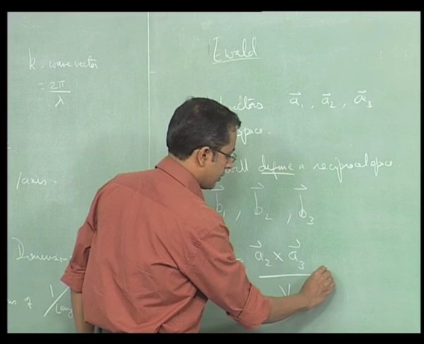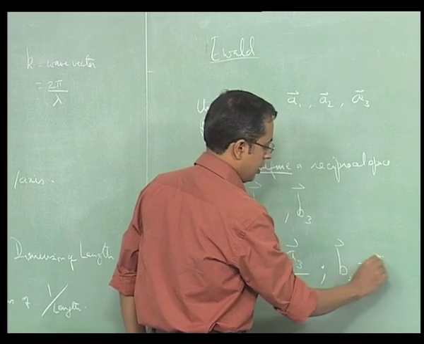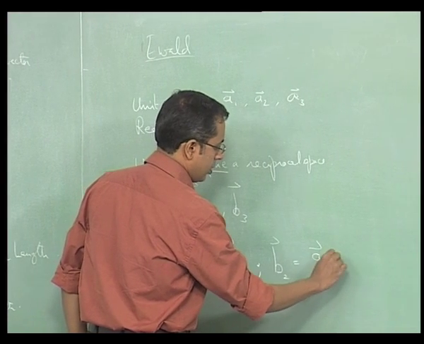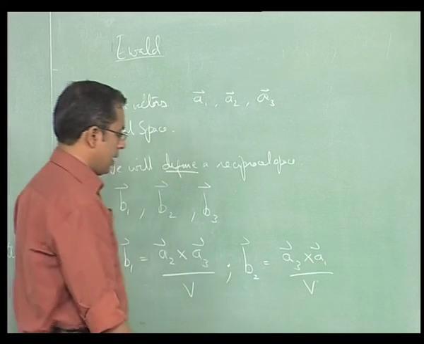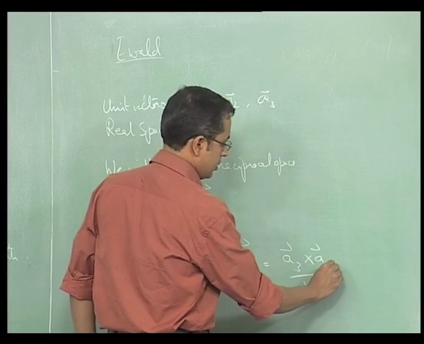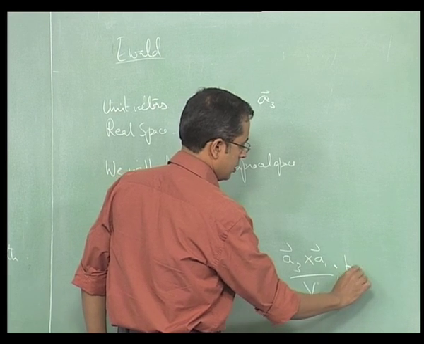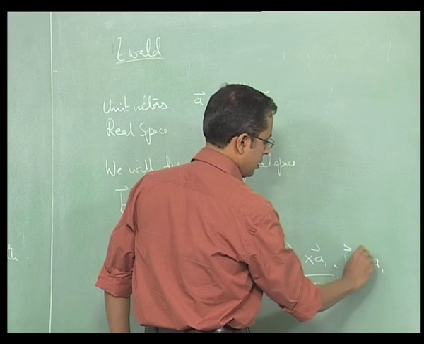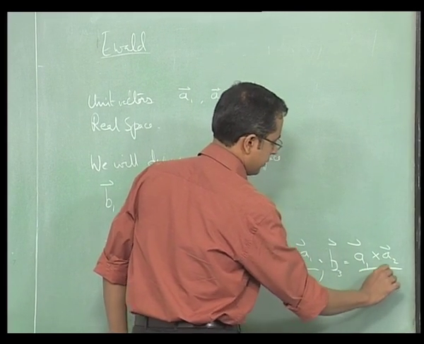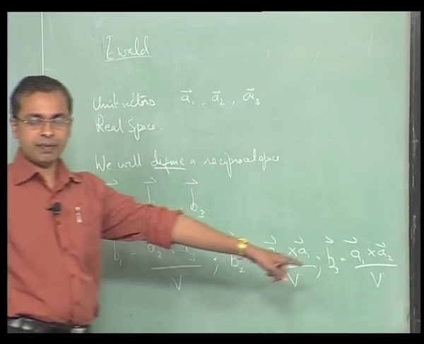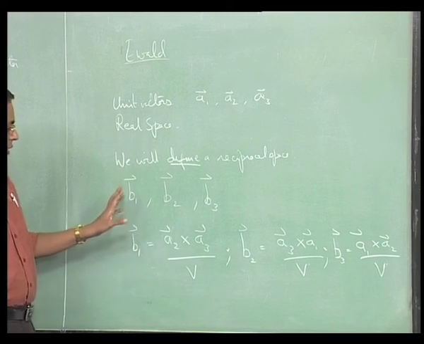B2 is defined as A3 cross A1 by V, and B3 is similarly A1 cross A2 by V. So these are vector cross products, and so these are all vector quantities.